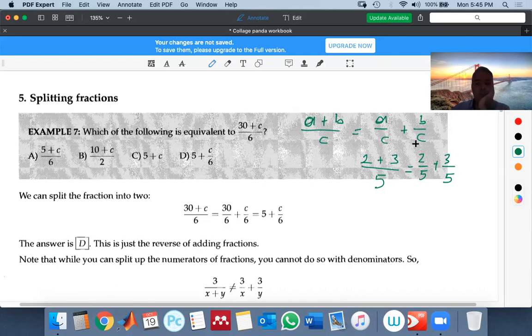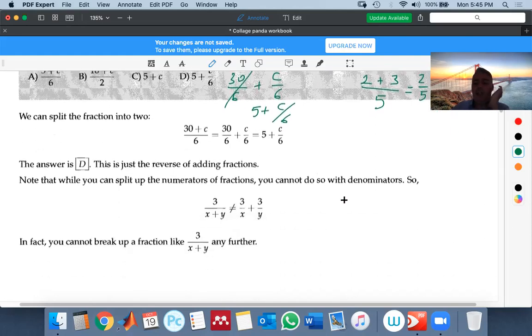Okay, now when we use this, 30 plus c divided by 6, it will be 5 plus c over 6. But be careful, we don't have this rule. I mean, we don't have A over B plus C is equal to A over B plus A over C. No, we don't have. Okay?